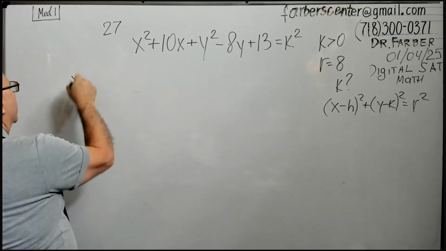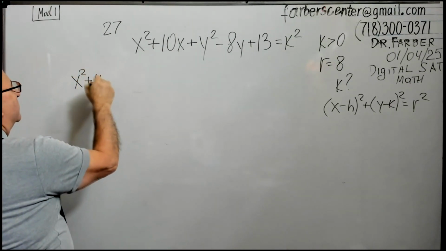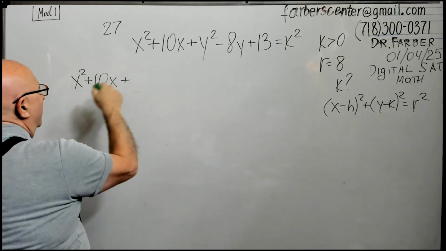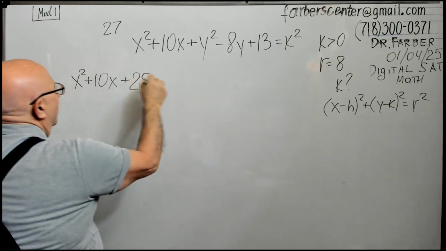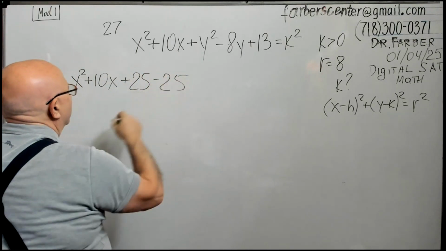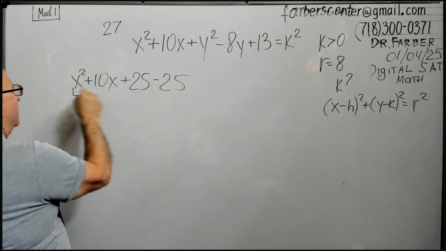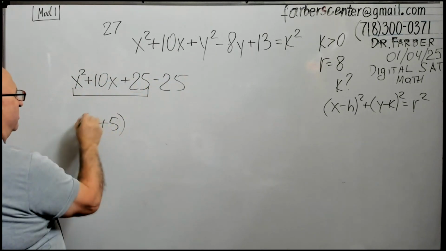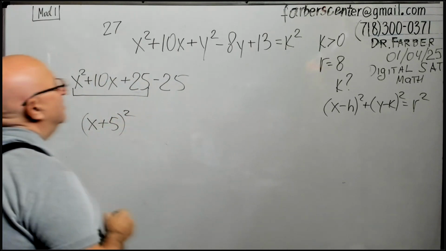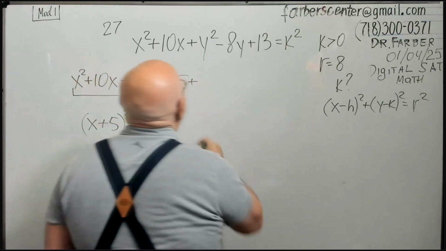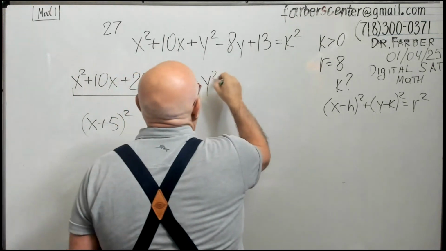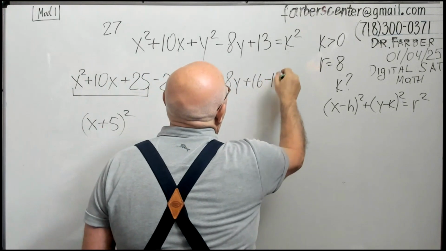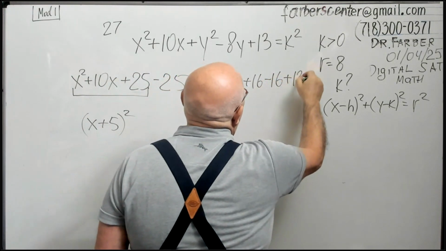Let me write like this: x squared plus 10x plus 2 times 5, 25, and minus 25. And instead of this group, you can write x plus 5 to the second power, plus y squared minus 8y plus 16 and minus 16 and plus 13.